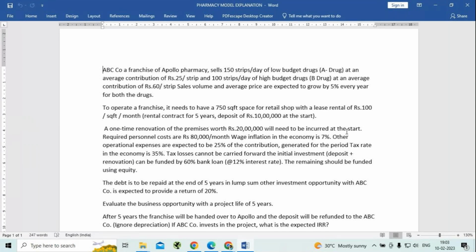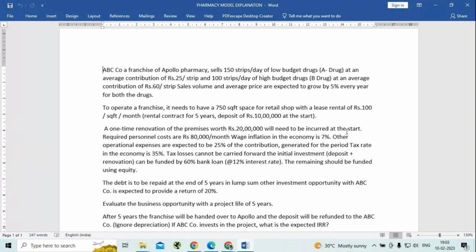So there are two types of drugs, drug A and drug B. Drug A is going to be sold at 150 strips per day, where he is going to get a commission of rupees 25 per strip.